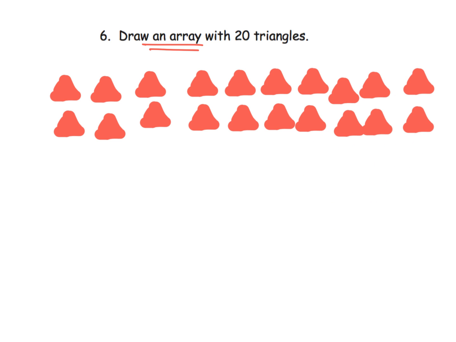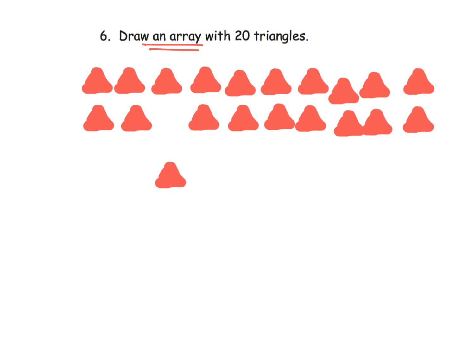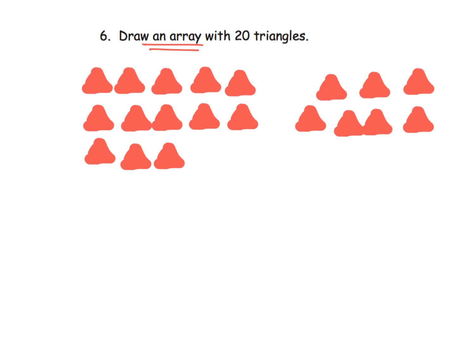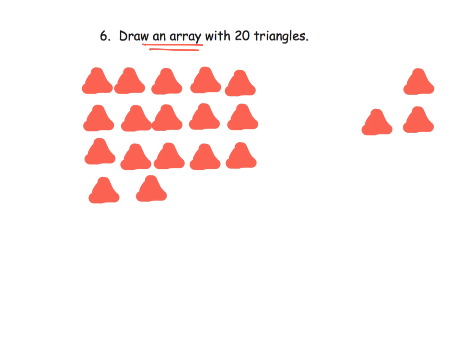All right, so there's a lot of ways that students, of course, can do this, right? And let your students have fun by building a variety of arrays, and let's make a list of all the different possible arrays that we could create using these 20 triangles.